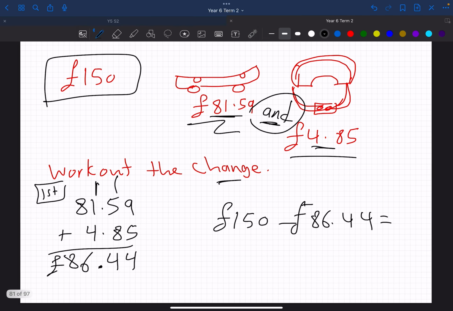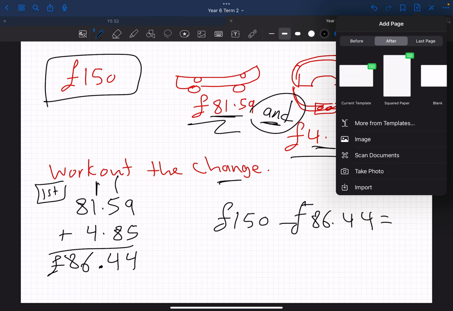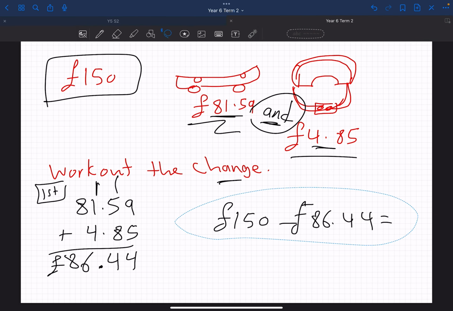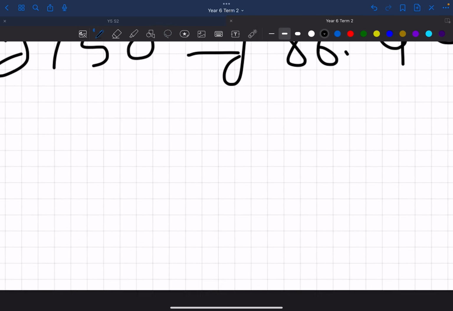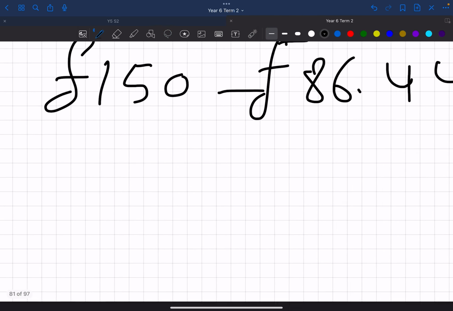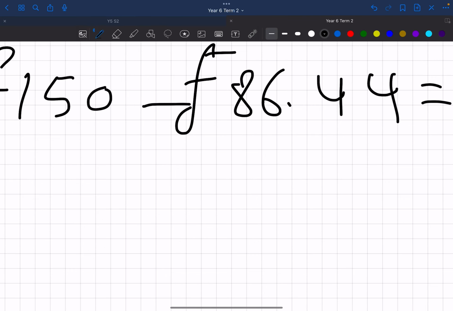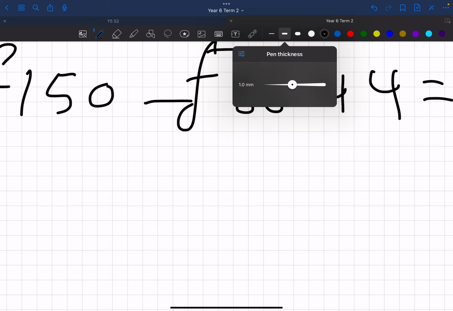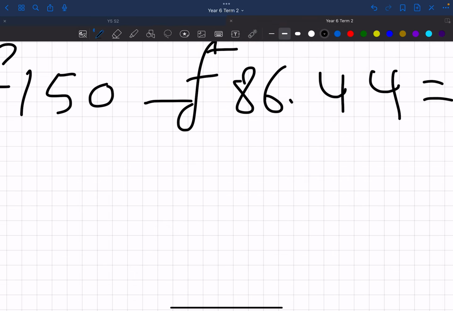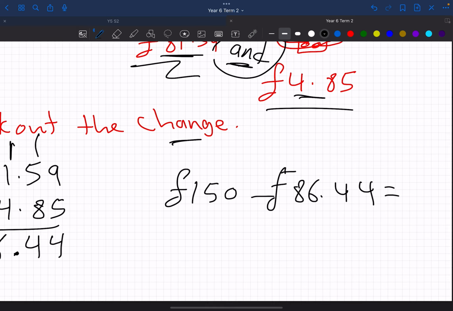Okay, so let's do it here. Now look. I'm going to take 150 and put it up. I prefer to put the decimal numbers up, but wait, what are you doing?